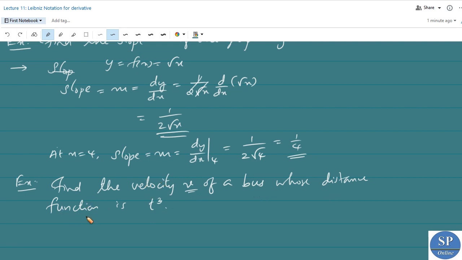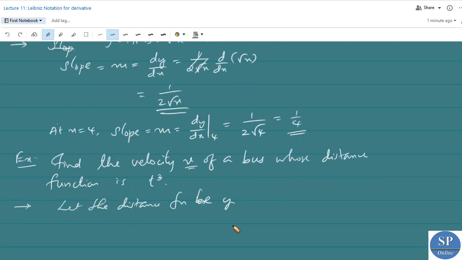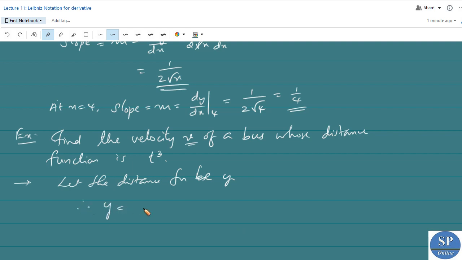Let the distance function be denoted by y. Therefore, y equals t cube. Velocity is nothing but the derivative of y. Velocity is equal to dy by dt, which is d by dt of t cube, because y is a function of t. So d by dt of t cube is equal to 3t square.